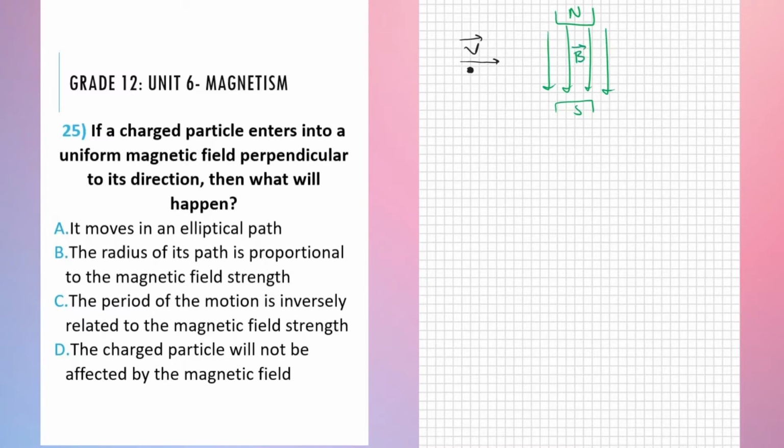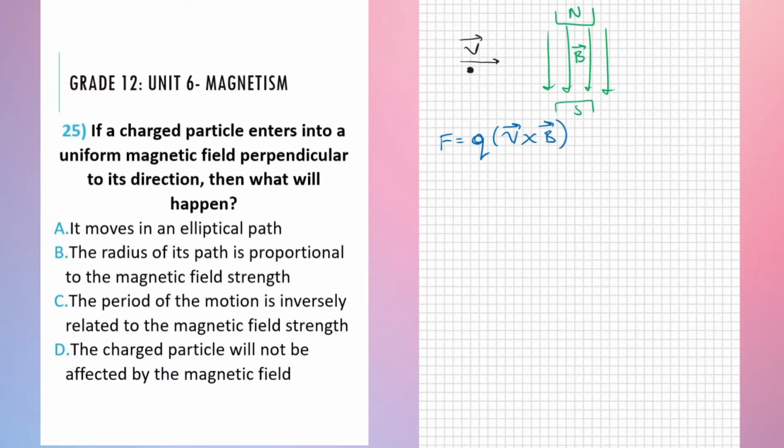A very interesting thing happens when a charged particle enters a magnetic field. A force is sensed by this charge. This force has a very specific formula. The force is equal to the quantity of the charge multiplied by the velocity the charge is traveling, cross product by the magnetic field strength.